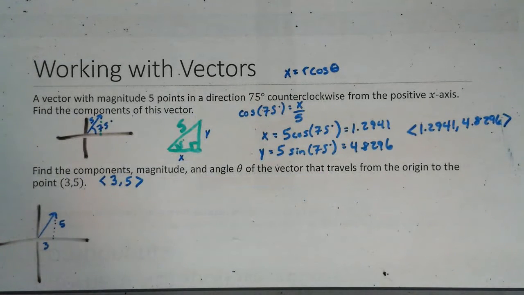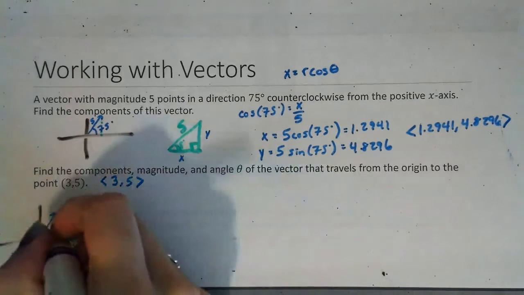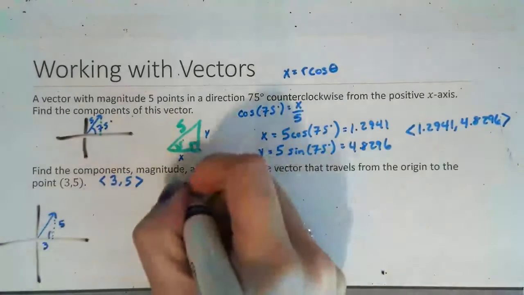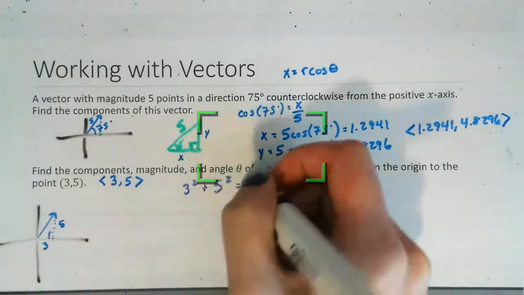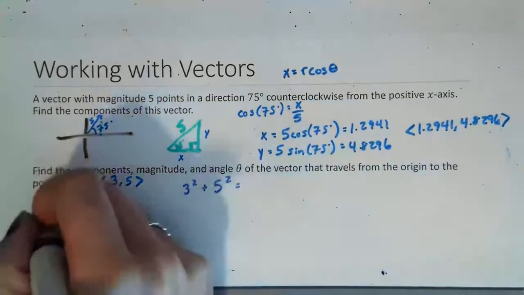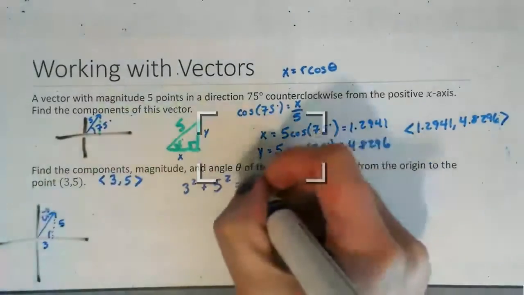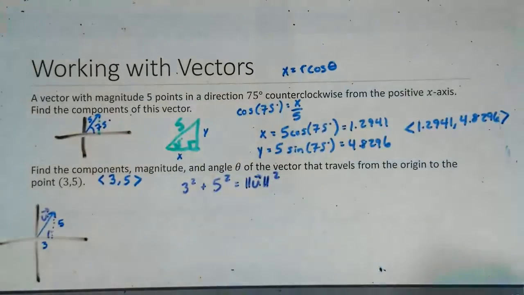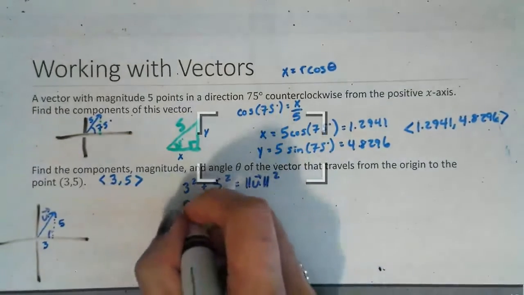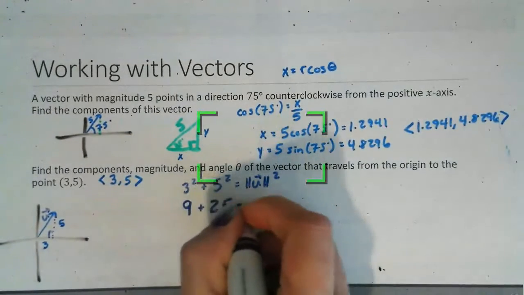The magnitude is the length of the vector. Well, it creates a right triangle, so we can use the Pythagorean theorem. 3 squared plus 5 squared is equal to our magnitude squared. I'll call this u. So we'll say the magnitude of u squared. 3 squared is 9, 5 squared is 25.